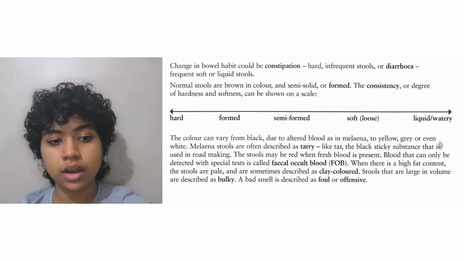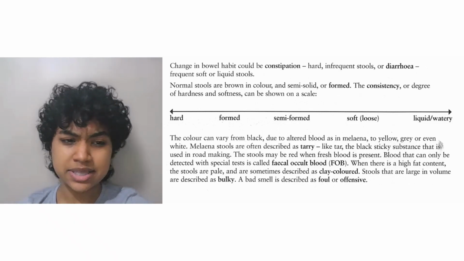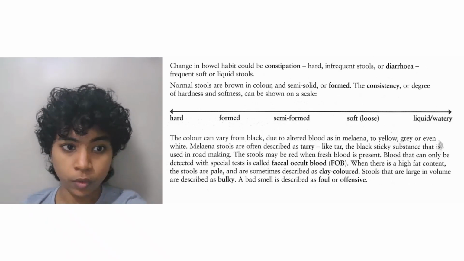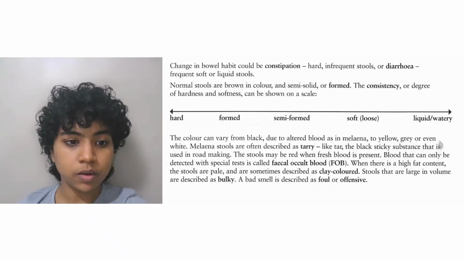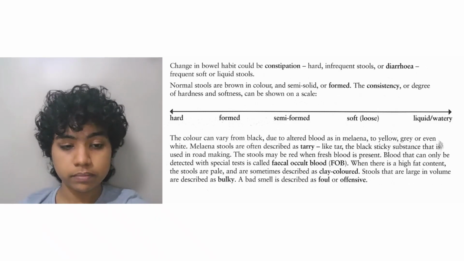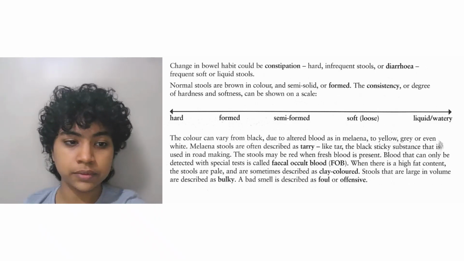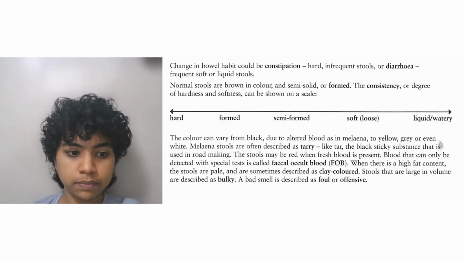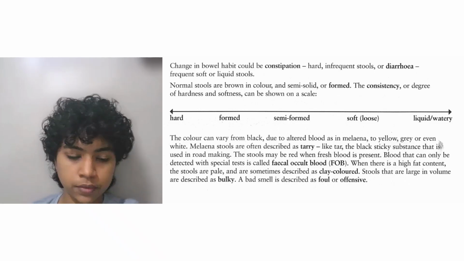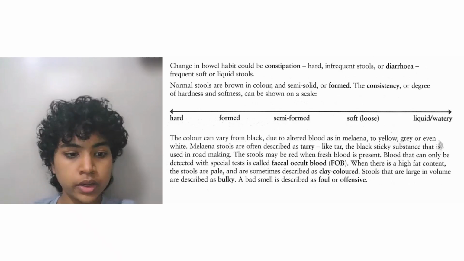Normal stools are brown in color and semi-solid or formed. The consistency, or degree of hardness and softness, can be shown on a scale: hard, formed, semi-formed, soft, loose, liquid, watery.